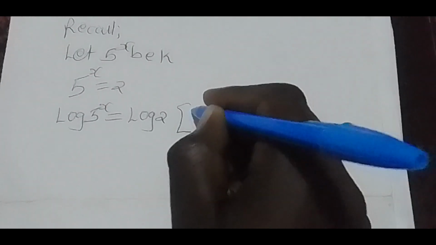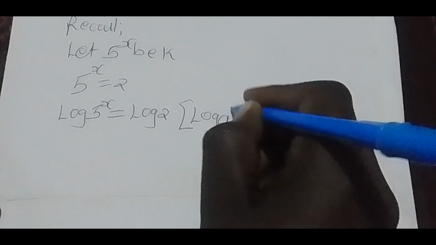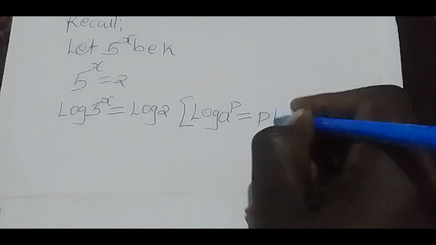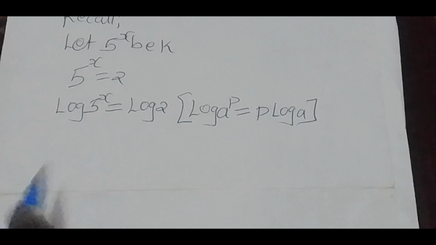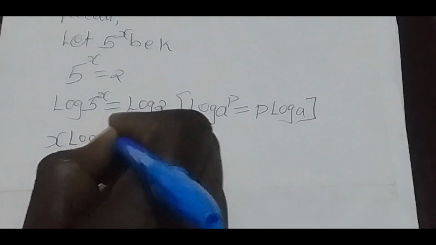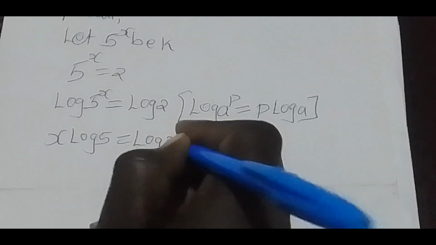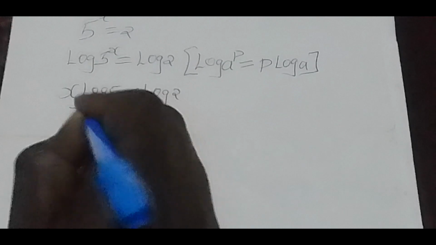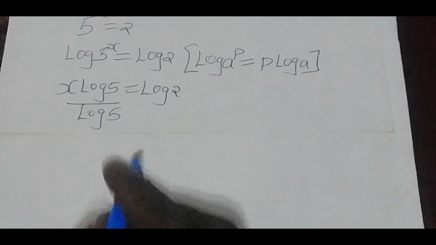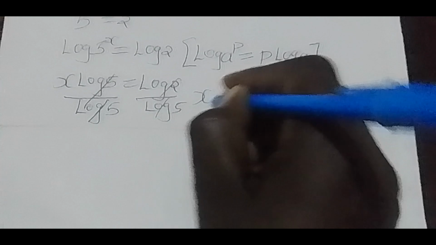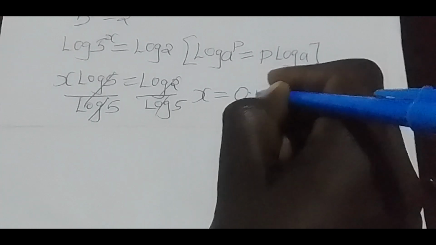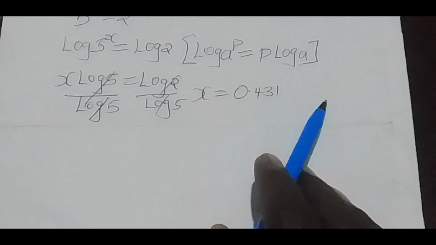Introducing a logarithm identity that states that log a raised to power p can be expressed as p log a, we apply this identity so that we'll have x log 5 is equal to log 2. We divide both sides by log 5, so that the value of x is equal to 0.431. That's the first value of x.